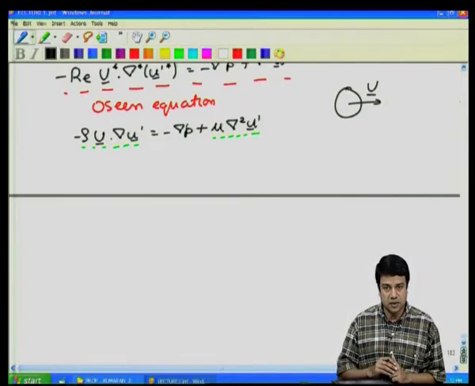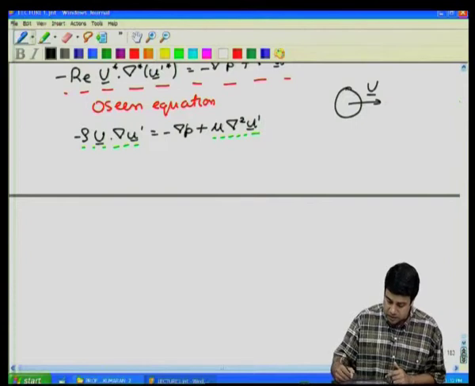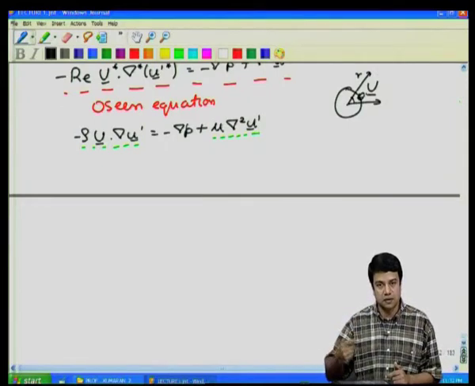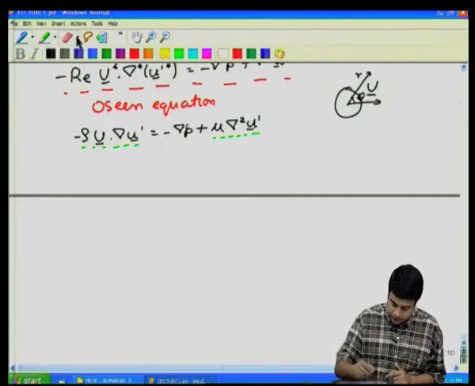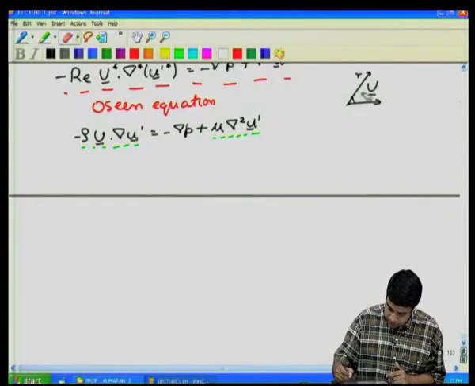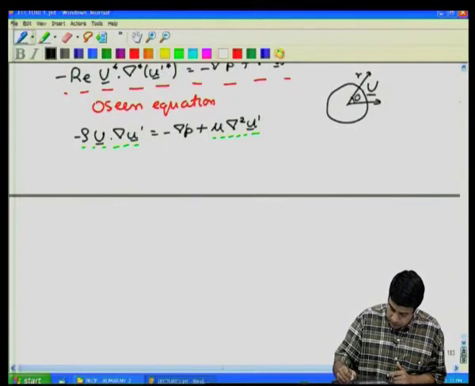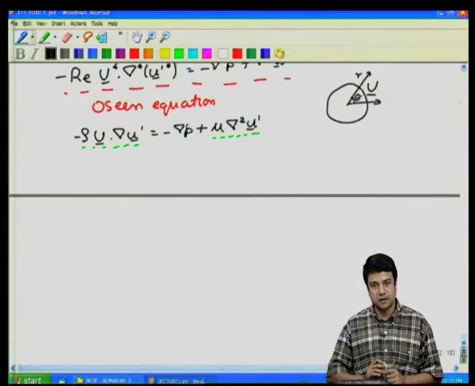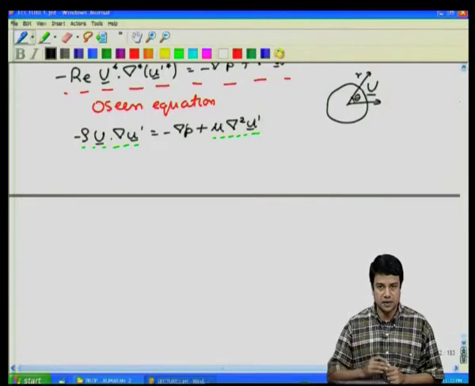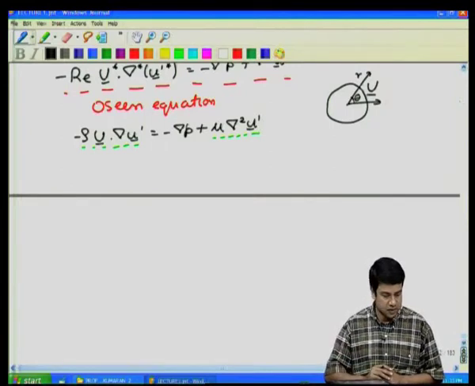Therefore, one can solve this in an axisymmetric coordinate system, in which the coordinates are just the distance r and the angle theta. There is no dependence on the meridional angle phi around the axis parallel to the velocity vector.